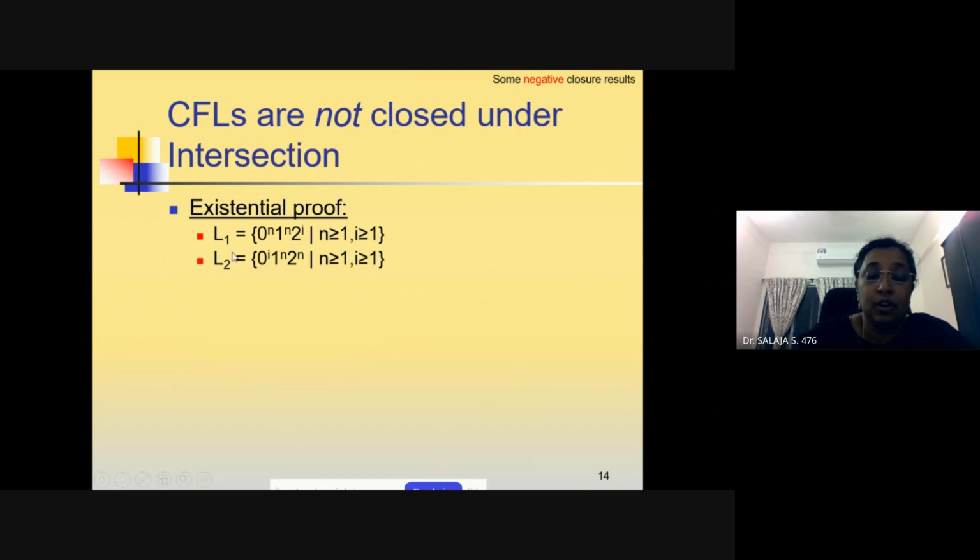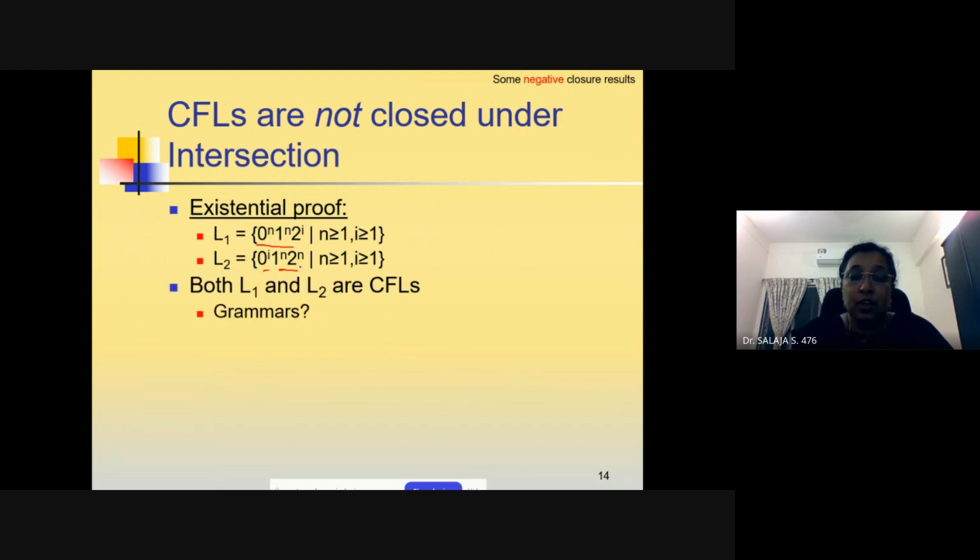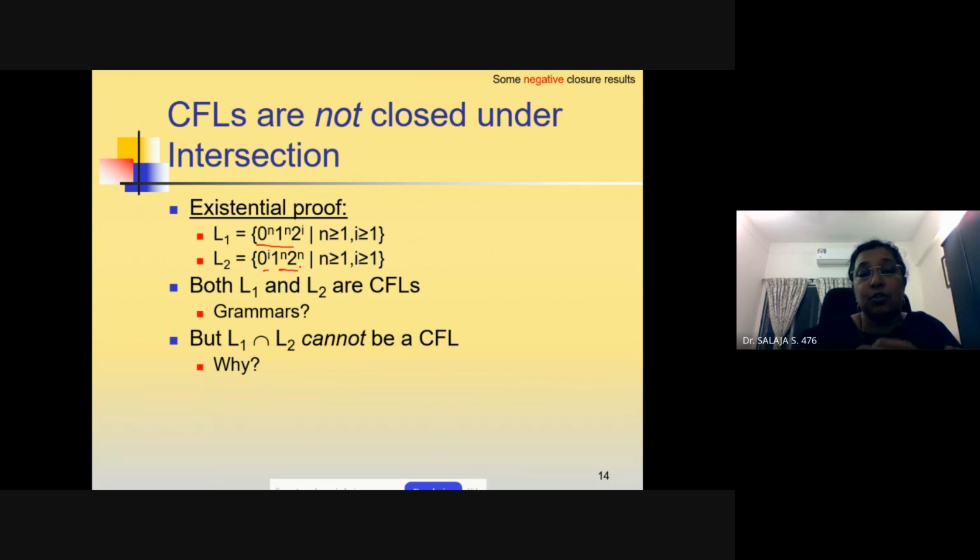And so all these are true, whereas what is not closed is intersection. The simple concept is this: the first one, L1, 0 to the n, 1 to the n, 2 to the i, is context free. The reason is 0 and 1 are dependent, 2 is not dependent. In the next case, 0 is independent, 1 and 2 are dependent. But when I intersect it, okay, when I take the common strings out of L1 and L2, you will have 0 to the n, 1 to the n and 2 to the n, because in the first one 0 and 1 are dependent, and in the second one 1 and 2 are dependent.